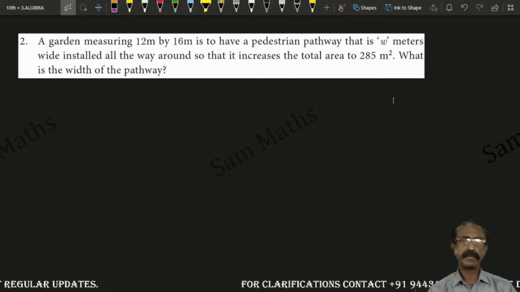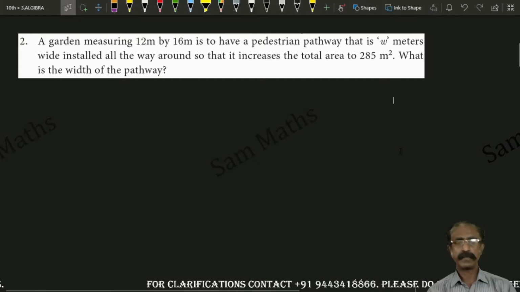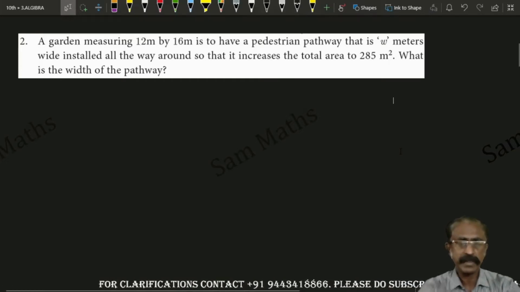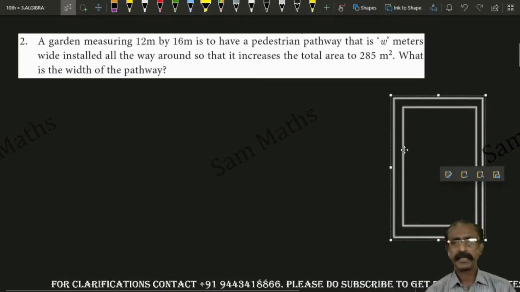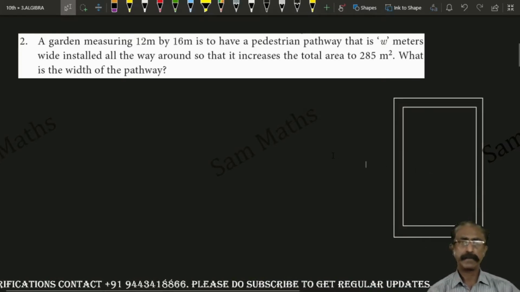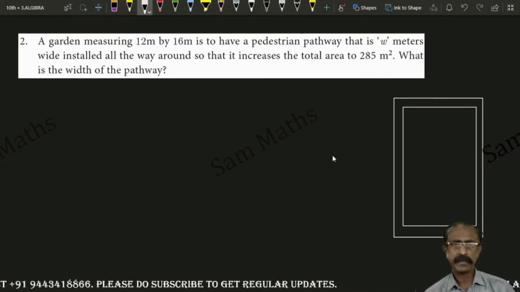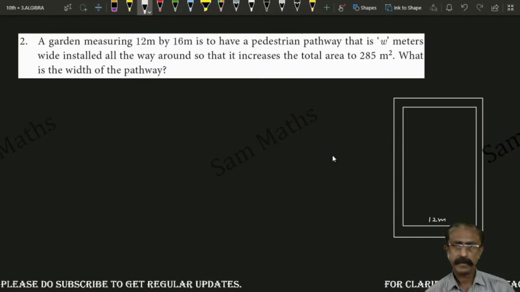Here we have to consider the garden, then along with the path also you have to consider. So here I consider two rectangles. The inside one is the garden. So it's 12 meter by 16 meter.